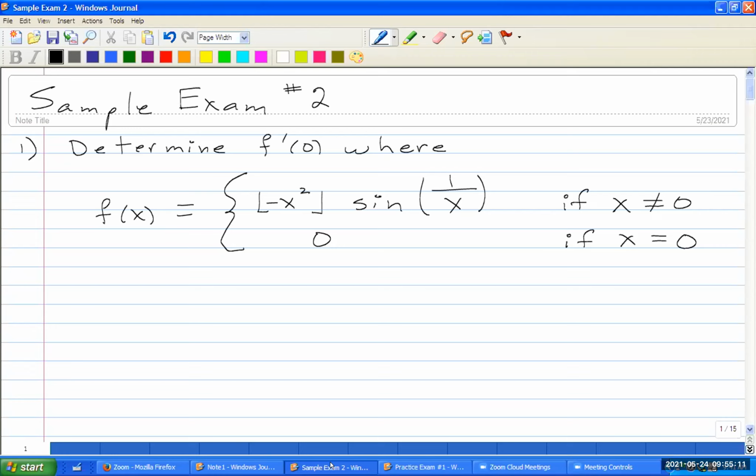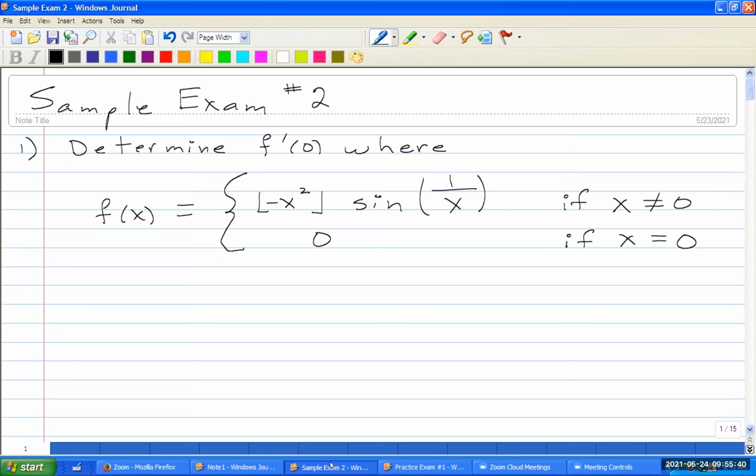So in order for me to determine this limit, the derivative, I'm going to have to use the limit definition. I don't have any real formulas to calculate this. And so because of that, I'm going to have to use the definition of derivative.